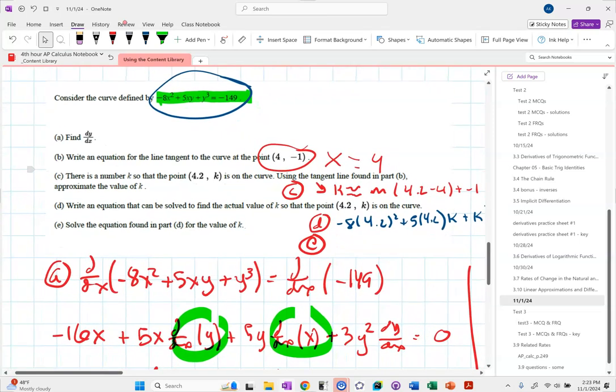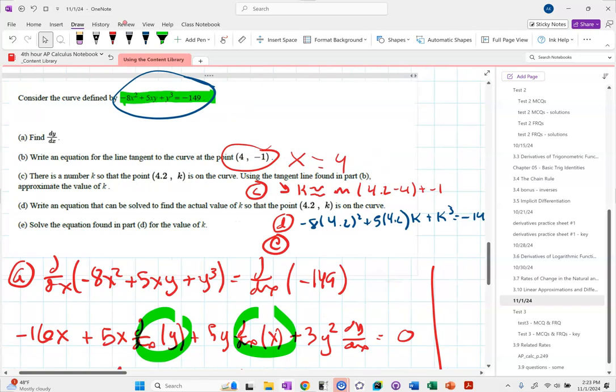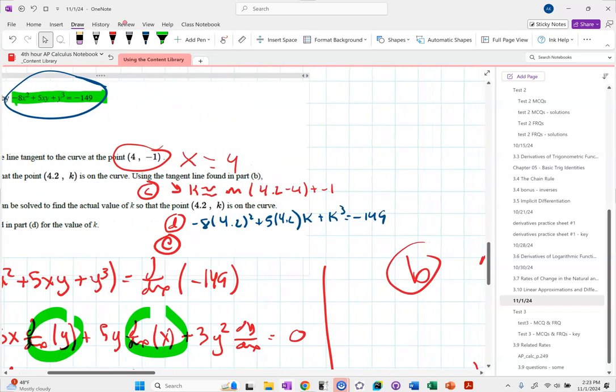E then says solve the equation found in part D to find the value of k. What type of an equation are we left with here? Cubic. Is there a closed form formula to find the roots for a cubic? Not that you guys know, right?